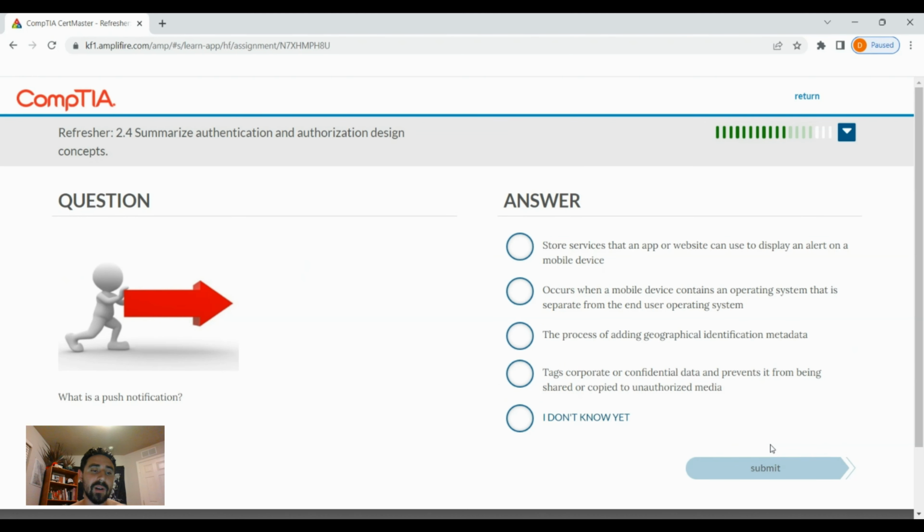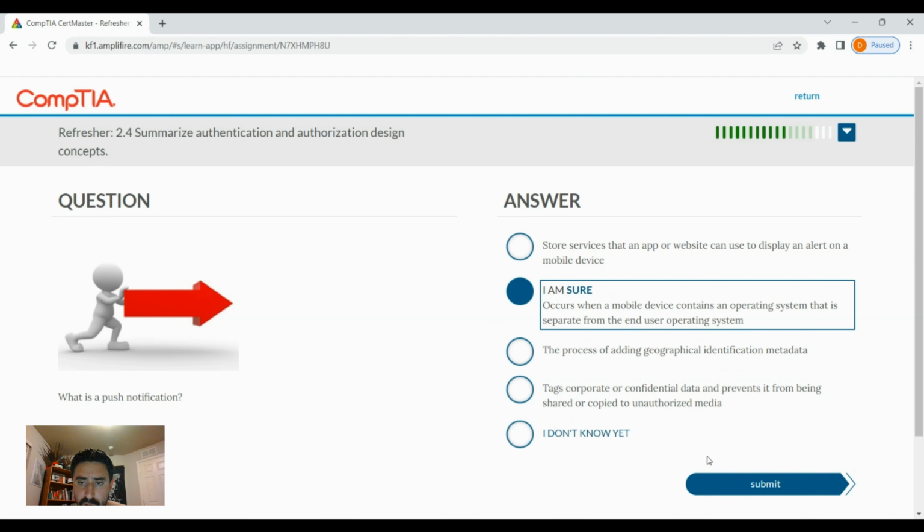Hey, here we go. What is a push notification? Store services that an app or website can use to display an alert? No. Occurs when a mobile device contains an operating system that is separate from the end user, tags corporate or confidential data, and prevents it from being... Okay, interesting.